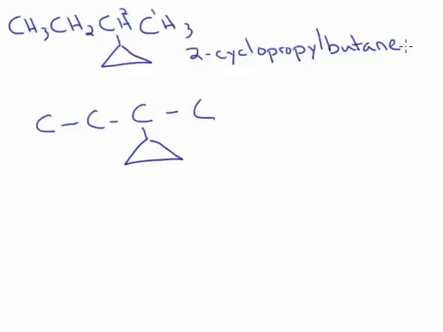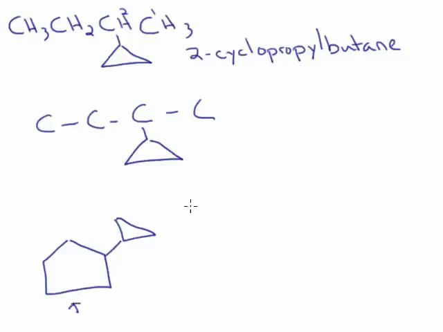We can even get as complicated as this. We can have two rings attached. This is the bigger ring, and that is cyclopentane, and this is cyclopropane. You don't really have to say one because it's the only thing off of it, and it's a cyclical hydrocarbon.